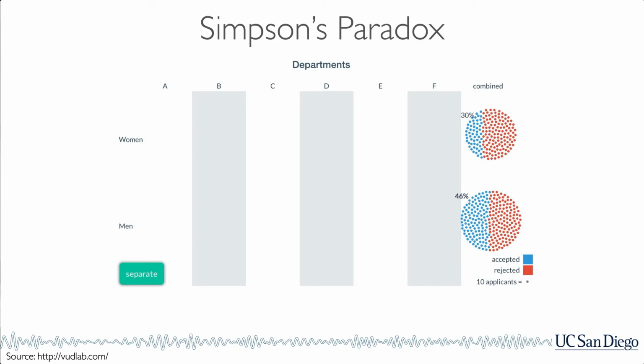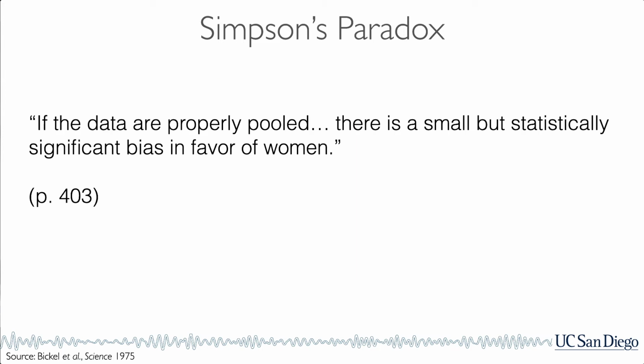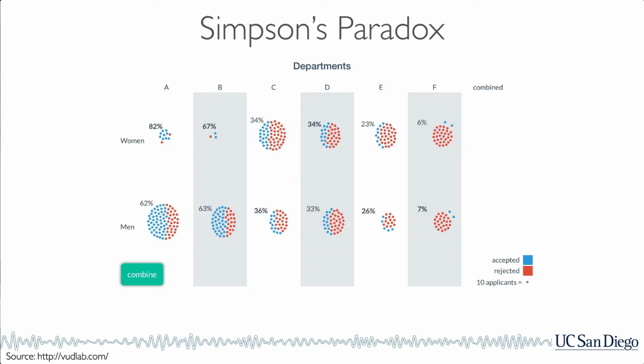Okay, but if we break this up into subgroups in the different departments, there's actually a small bias in favor of women. How does that work out? Well, we've split up that group of women and men into their departments of application.